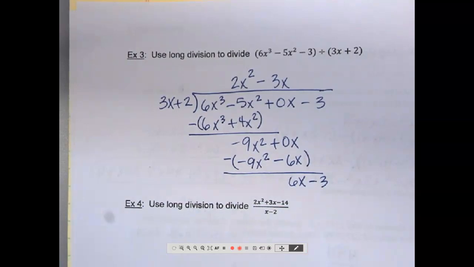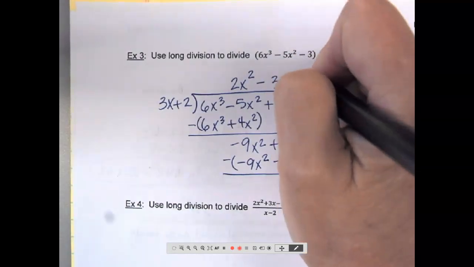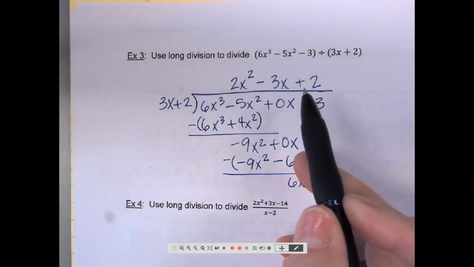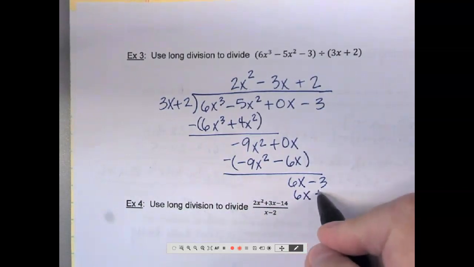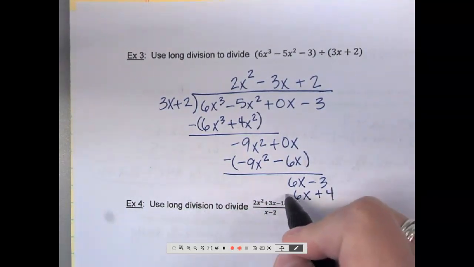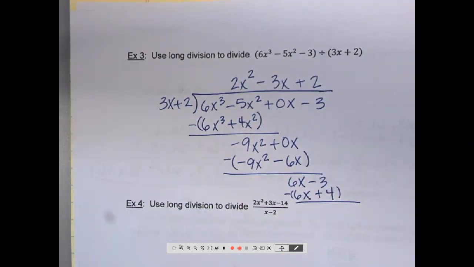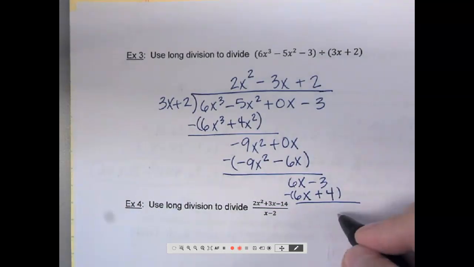Bring down the 3. And one last time, what is 6x divided by 3? 2. It's a positive 2, so I do plus 2. Multiply the 2 by each of those. I get a 6x plus 4. And I subtract, and I get what? Negative 7. Shoot.